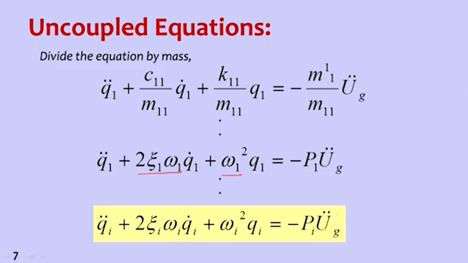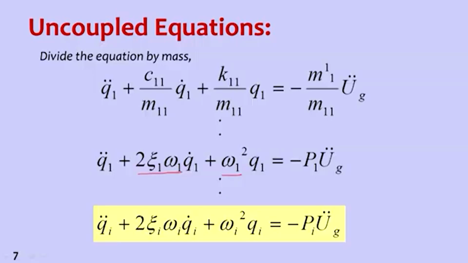Now the equation of motion for the uncoupled equations is Qi double dot plus 2 zeta i omega i Qi dot plus omega i square Qi is equal to minus Pi u double dot g. This is the single degree of freedom system; we converted n degree of freedom systems into n single degree of freedom systems, where i is equal to 1, 2, 3 up to n.